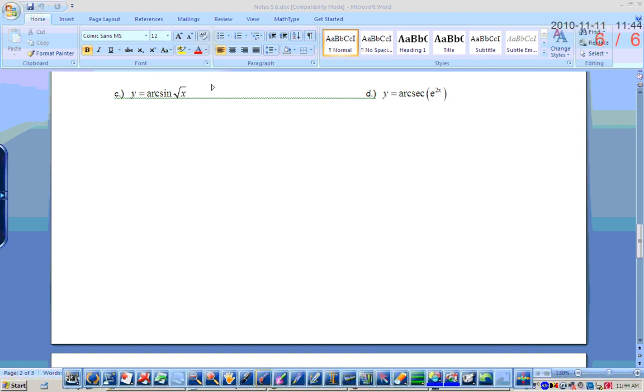Okay, the arc sine of root x. Try that one on your own. Everybody okay?